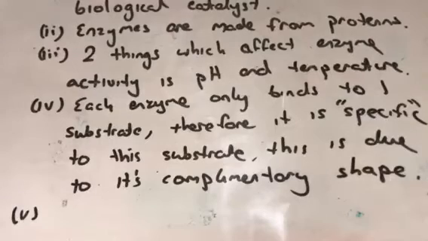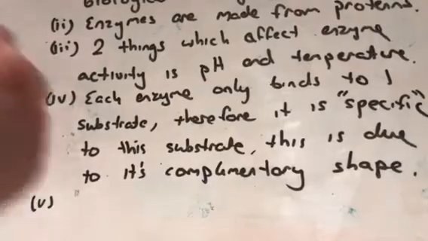Okay, so we're going to have to think of some of our enzyme substrate complex theories here to explain. Give a detailed account of how enzymes work. So let's think about this in a little bit more detail.